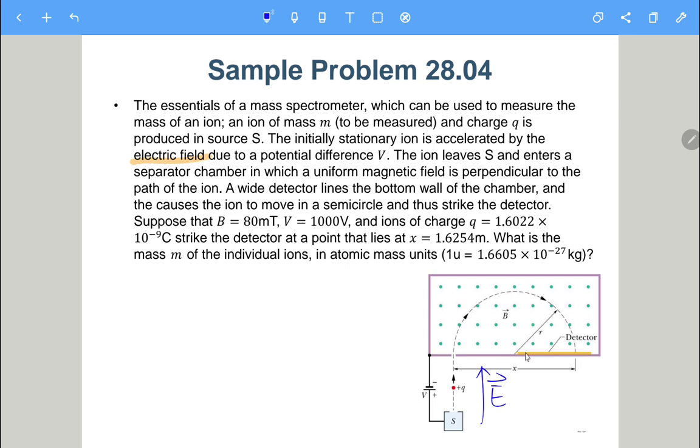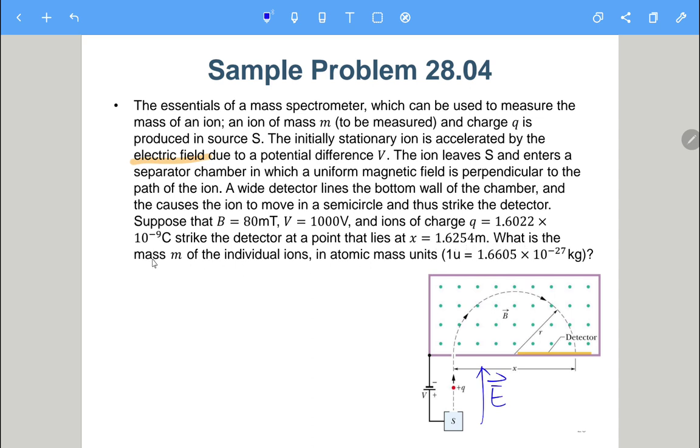So we can see the position where it hit the detector, so we know the radius of this circular motion. Okay, the idea is somehow like that. Suppose that B, V, and Q are given like this, and it strikes the detector at a point that lies at 1.6 blah blah blah meter.